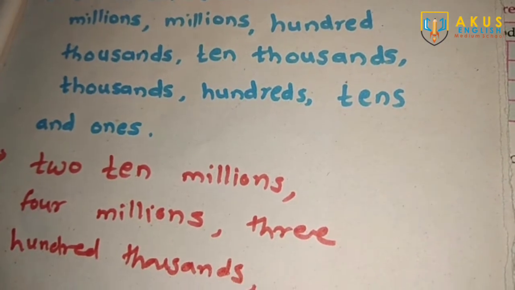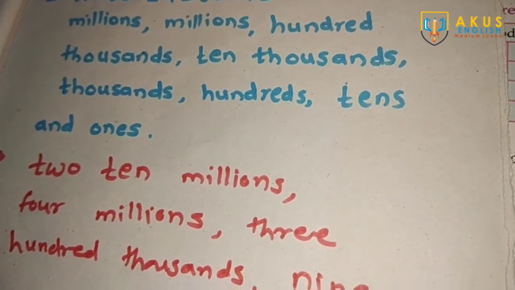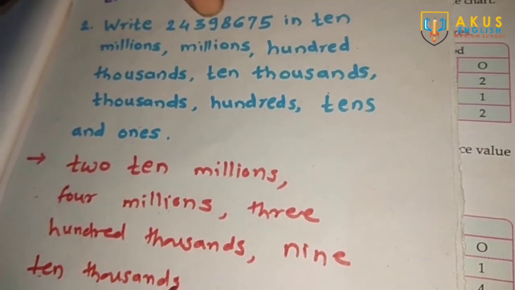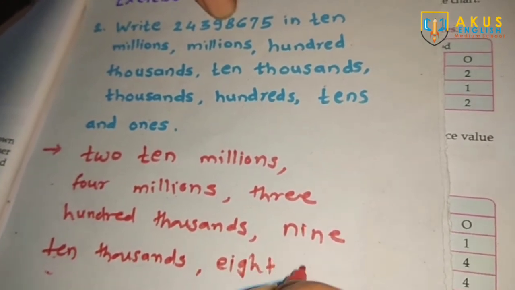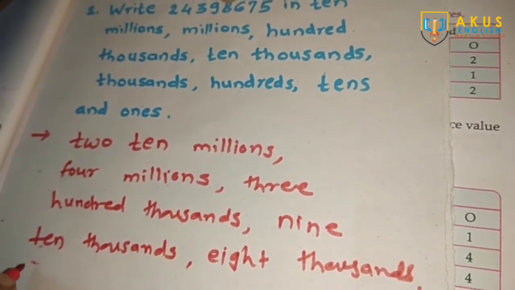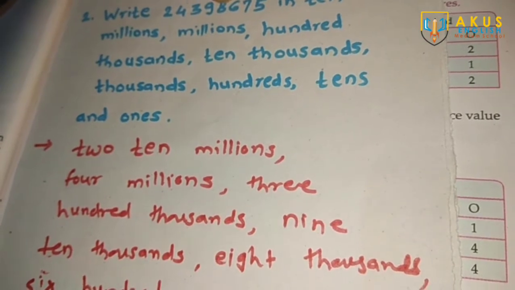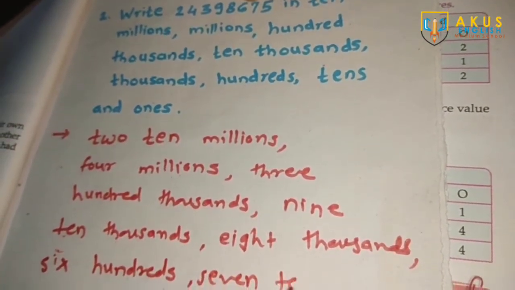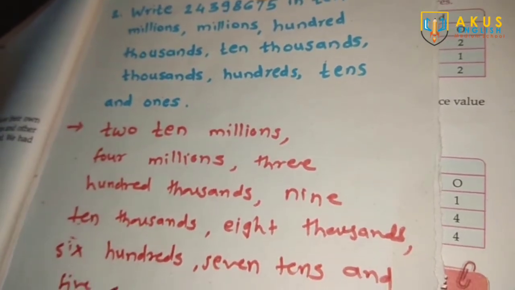After 100,000s, the next digit is 9 10,000s. After 9 10,000s, the next digit, that is 8,000s. Then 600s. Then 7 tens and 5 ones.